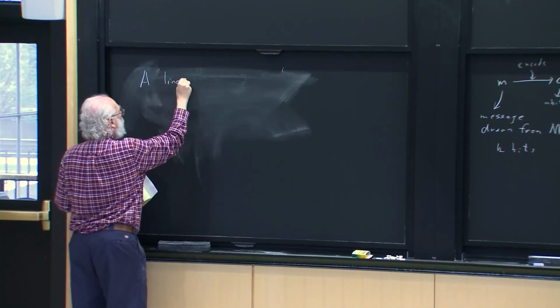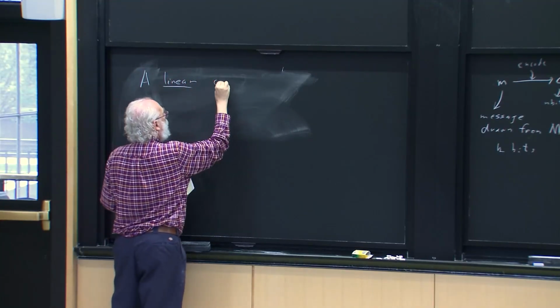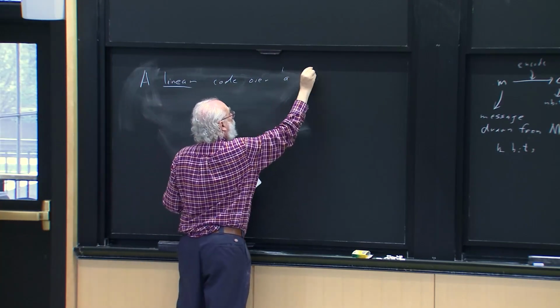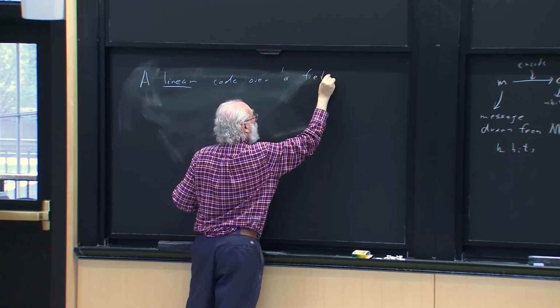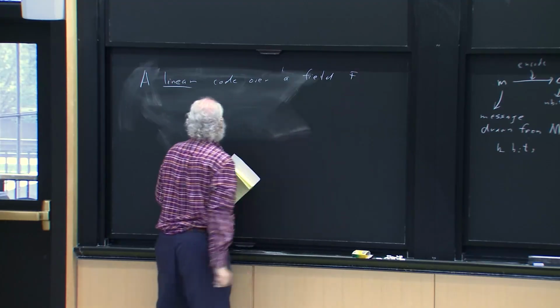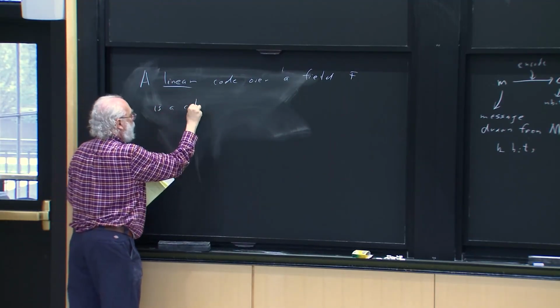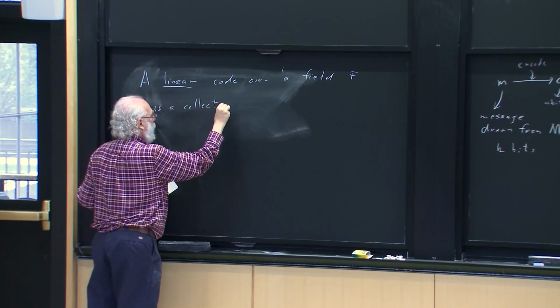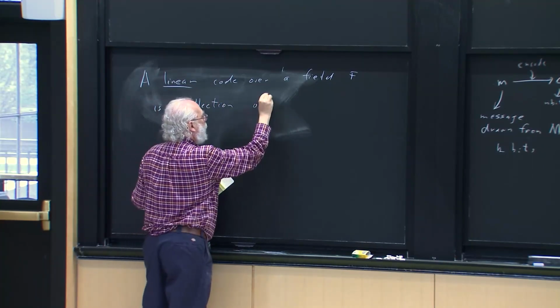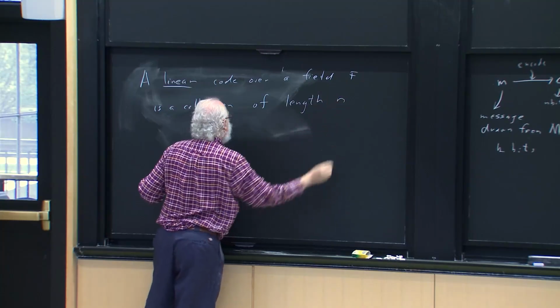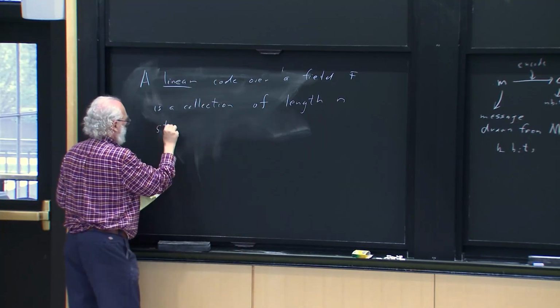A linear code over a field F is a collection of length n strings in F.